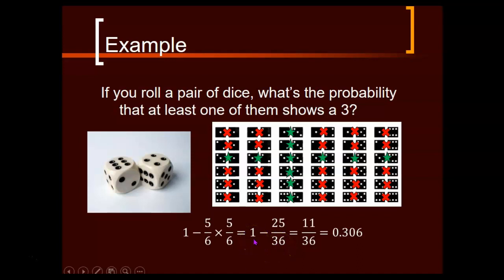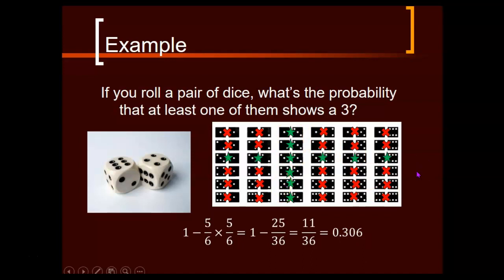And then that means that the probability that that's not what happens, that instead of neither one of them being a 3, at least one is a 3, would be 1 minus that probability. 1 minus 25 over 36 would be 11 over 36, or 0.306. Same thing we got as when we counted them directly.